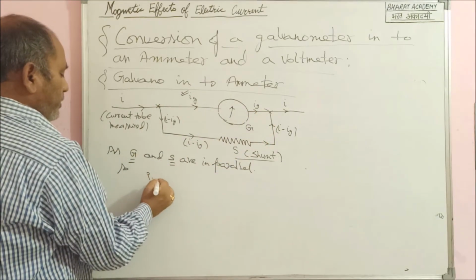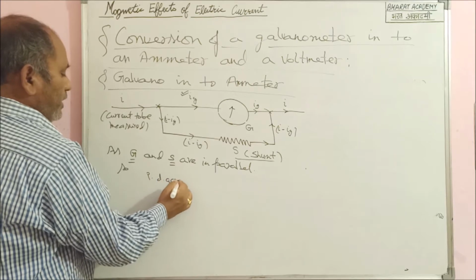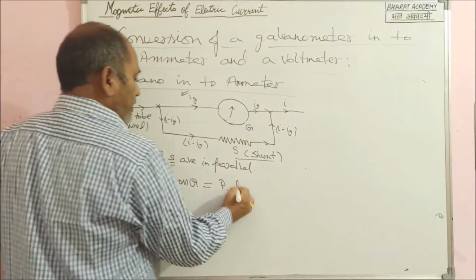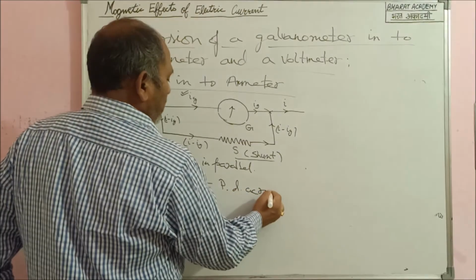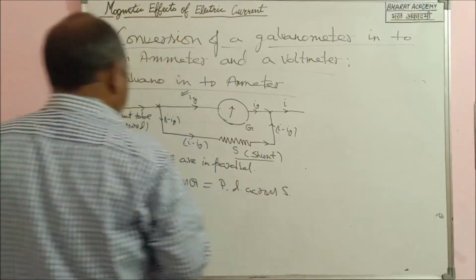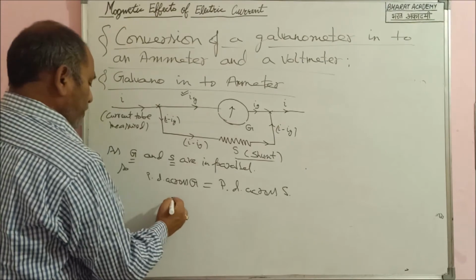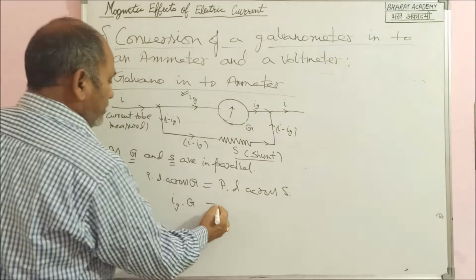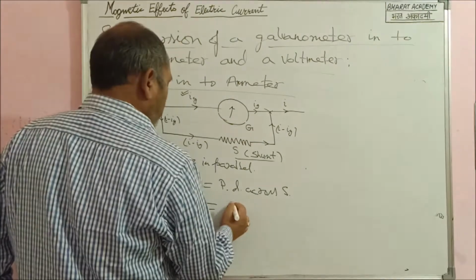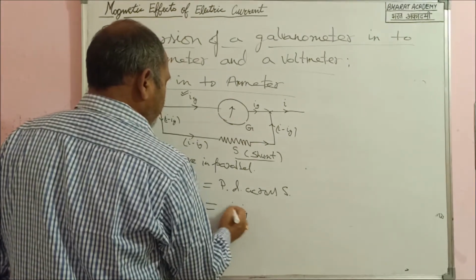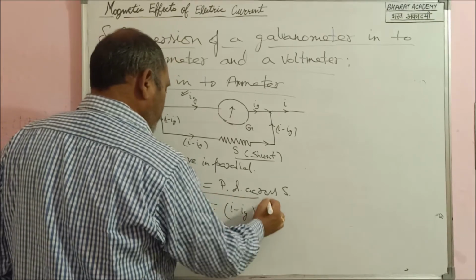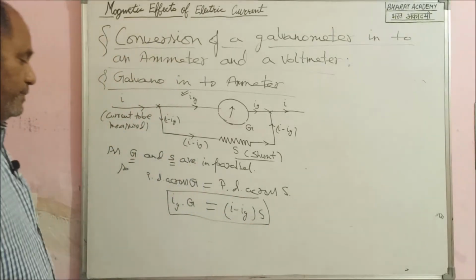So PD across G will be equal to PD across S. So what is PD across G? It is simply Ig into G. PD across S is (I minus Ig) into S. This is the key equation, the main equation. Remember this one and everything is there.